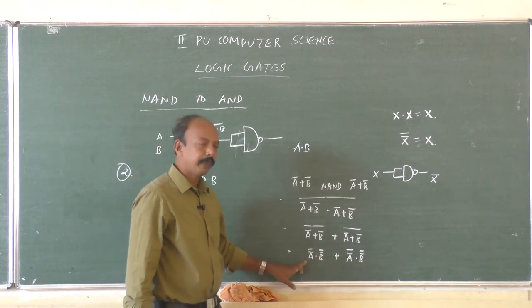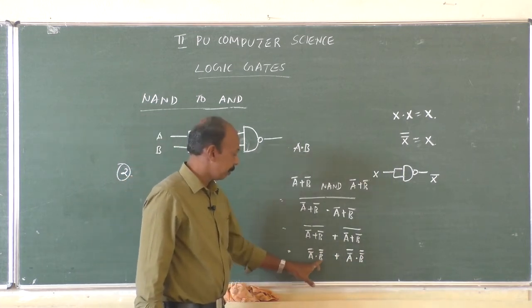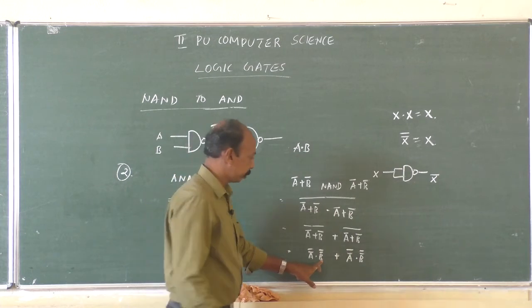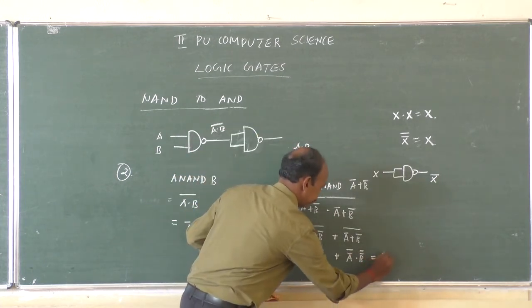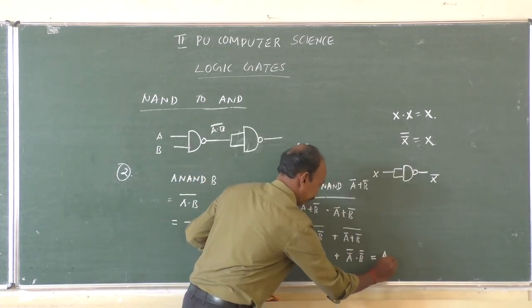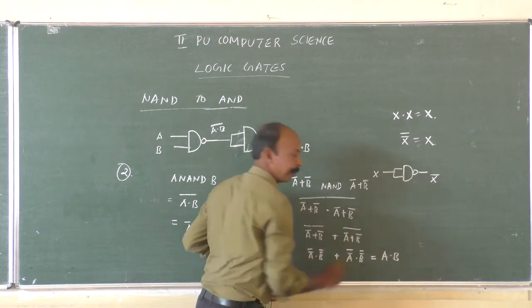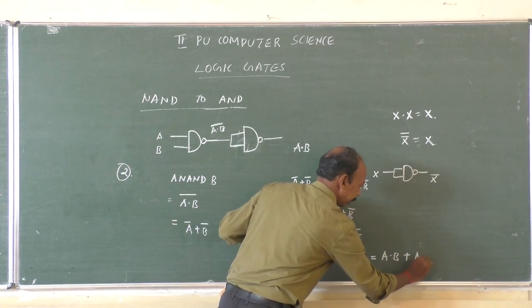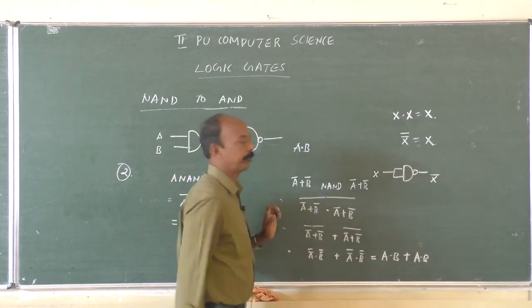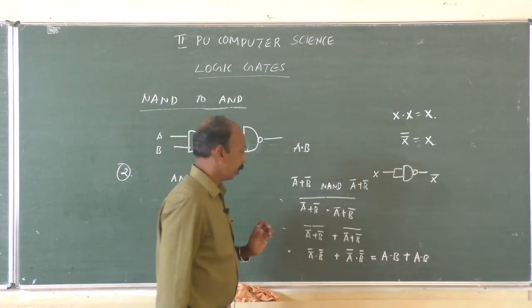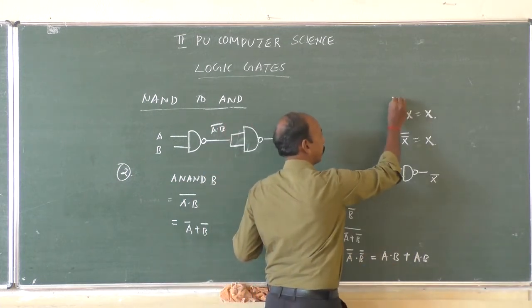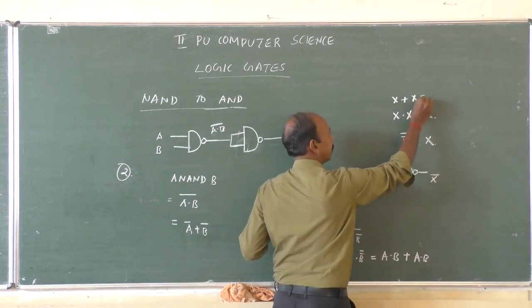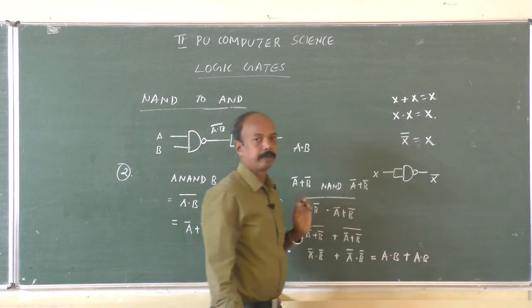From the involution we know that A double bar is equal to A, B double bar is equal to B, which could be written as A dot B plus A dot B. We have this particular result, x plus x is equal to x, isn't it?